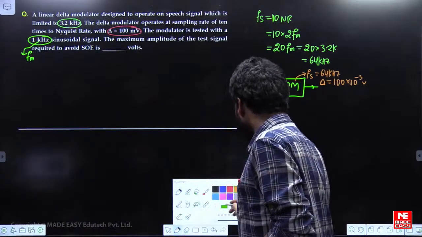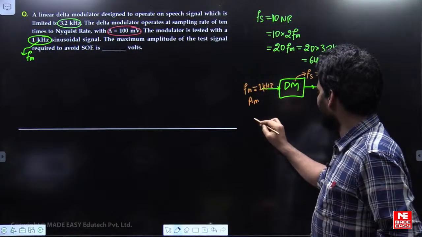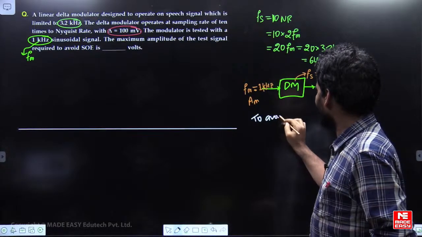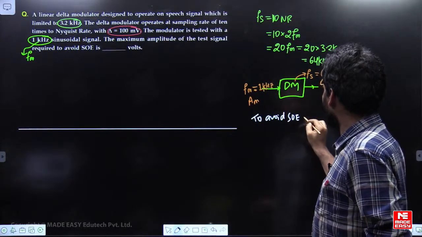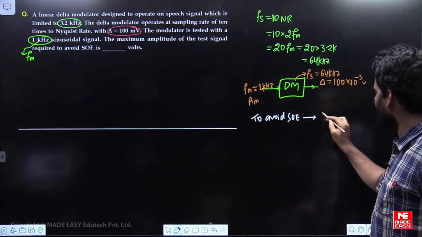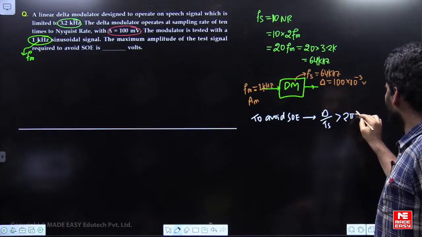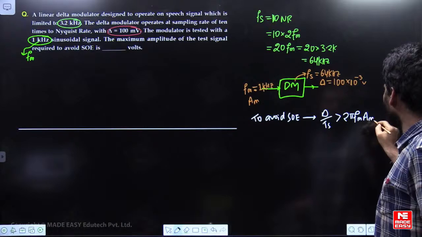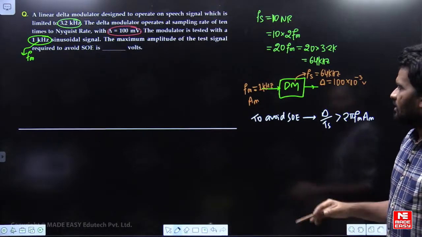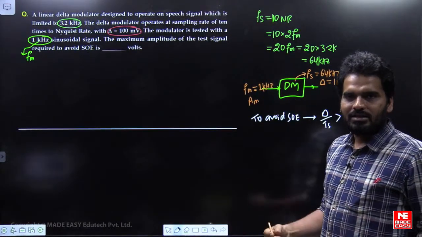Now, to avoid SOE, delta by Ts should be greater than 2 pi Fm Am. Here the applied signal is the sinusoidal signal.